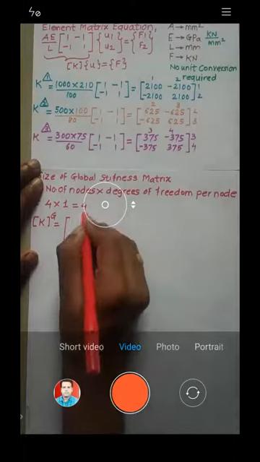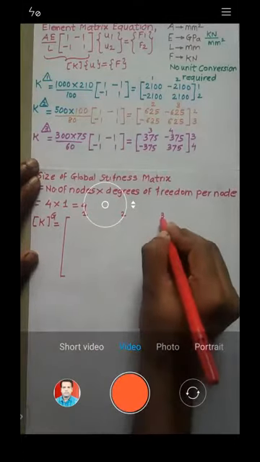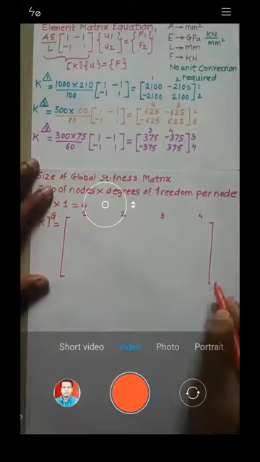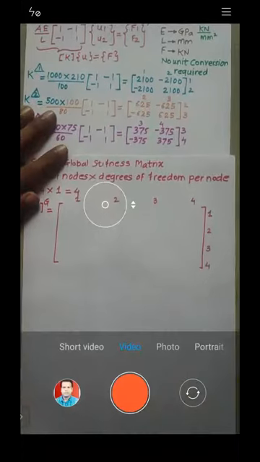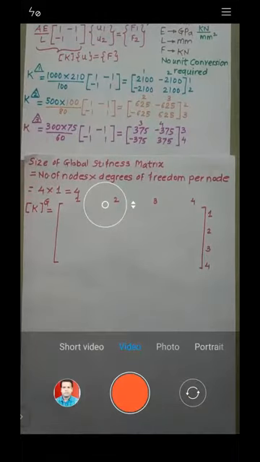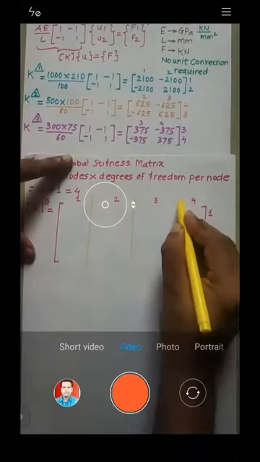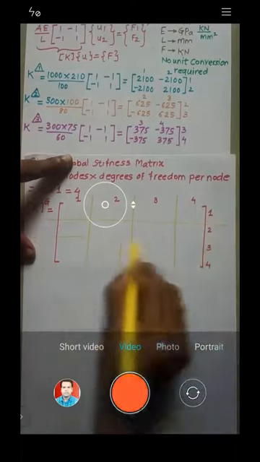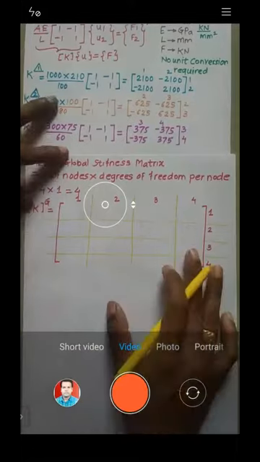I will write down here 1, 2, 3, and this is 4, as we have 4 nodes. I will just mark the rows and columns. So these are the rows and these are the columns, right?